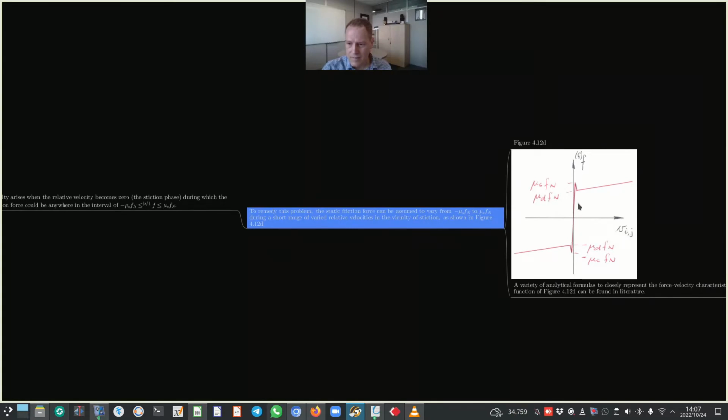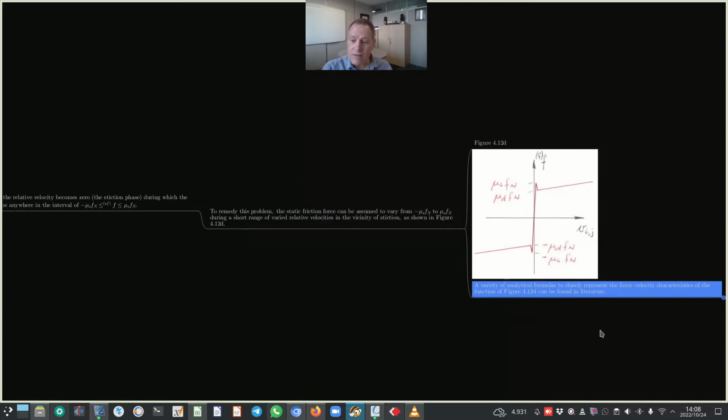Okay, so now we don't have a vertical line at zero relative velocity. This line is slightly sloped. Now, a variety of analytical formulas to closely represent the force velocity characteristics of the function of figure 4.12d can be found in literature.